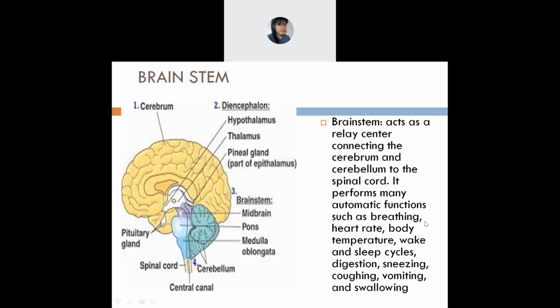It has got different parts, no? The brain also has different parts. I know it is the lower part, but the brain is divided into different parts, no? That is cerebrum, diencephalon, brainstem.